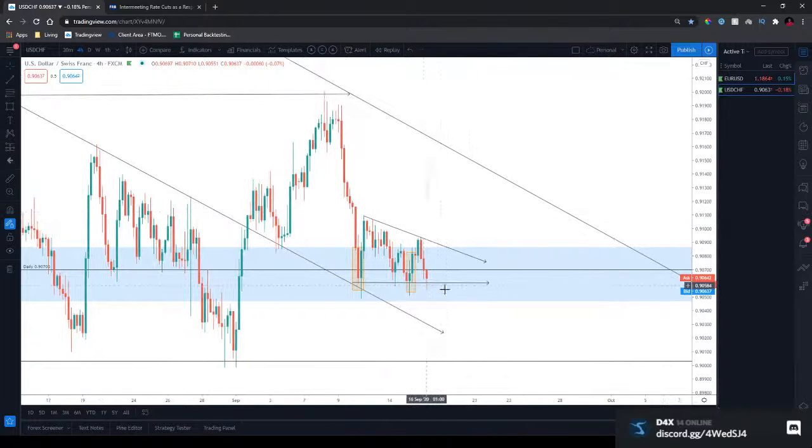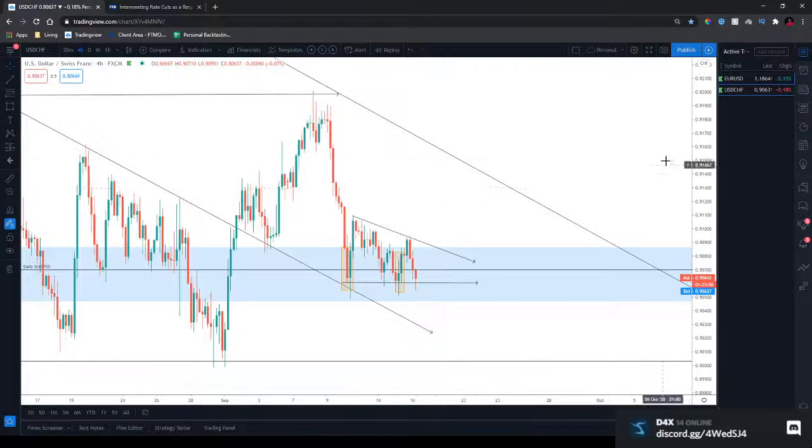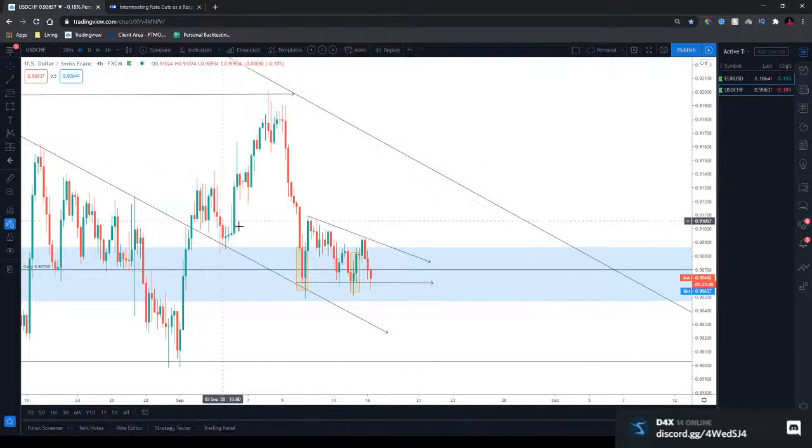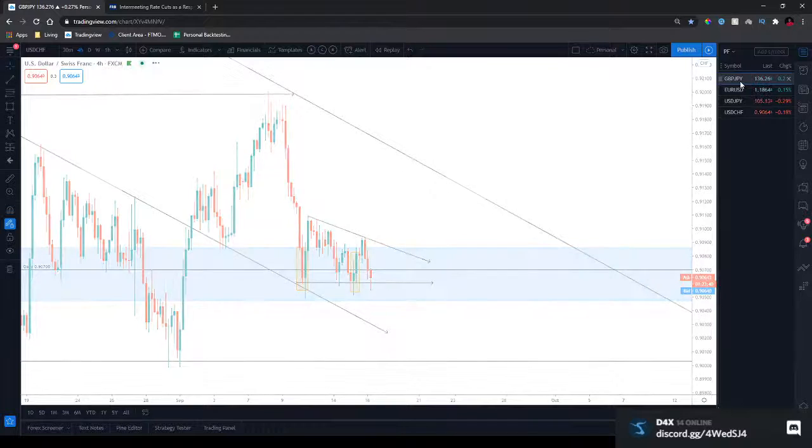If I get an engulfing candle over the next two candles, I would pretty much confirm that level as a level where I should continue buying from. Let's continue. Those are really the only two I'm paying attention to this week.